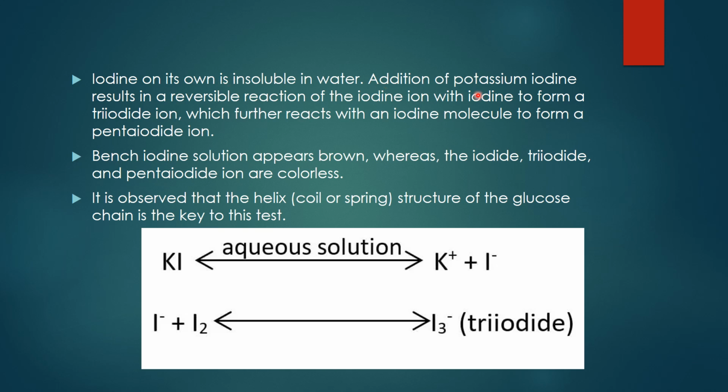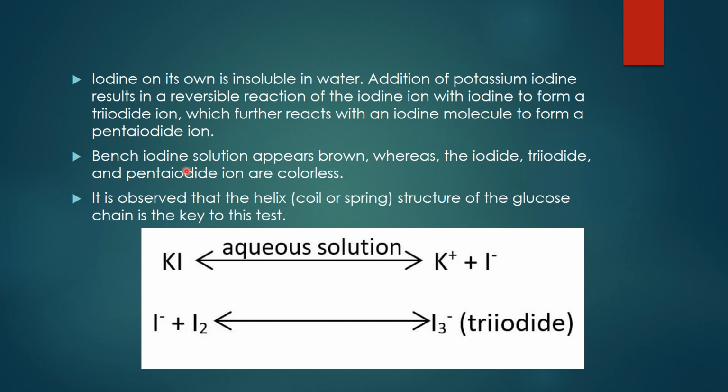So addition of potassium iodide results in a reversible reaction of the iodide ion with the iodine to form a triiodide, which will further react with an iodine molecule to form a pentaiodide ion, and this is the polyiodide ions we are talking about.